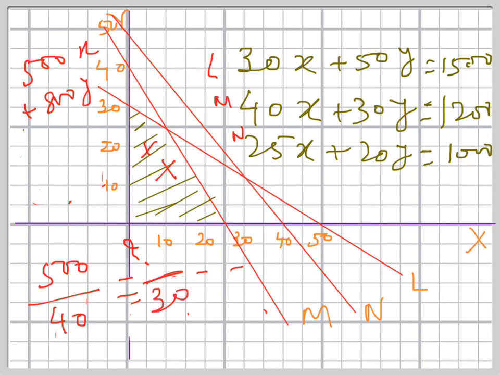So we will solve this equation, and find out what the value should be at the question mark, and that coefficient will make 500x plus the question mark times y coincide with 40x plus 30y equal to 1200, which is the M line, and that gives the multiple optimum solution with x being more than 15.